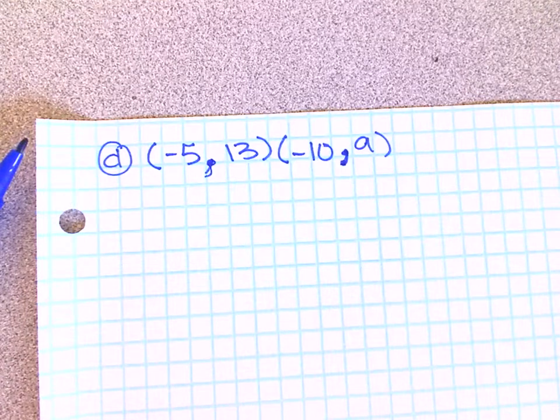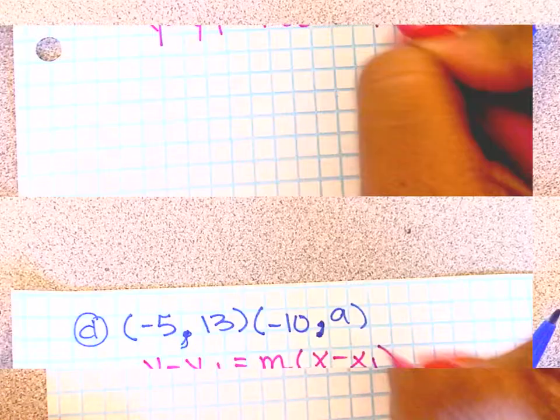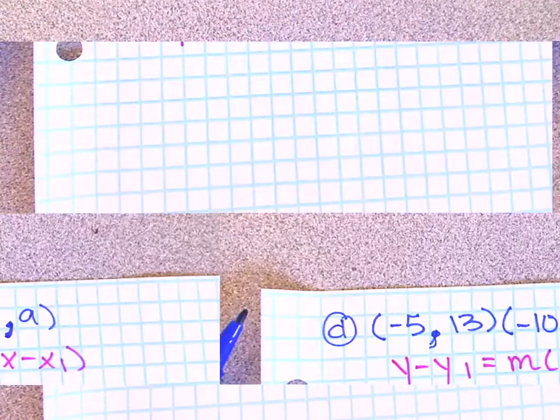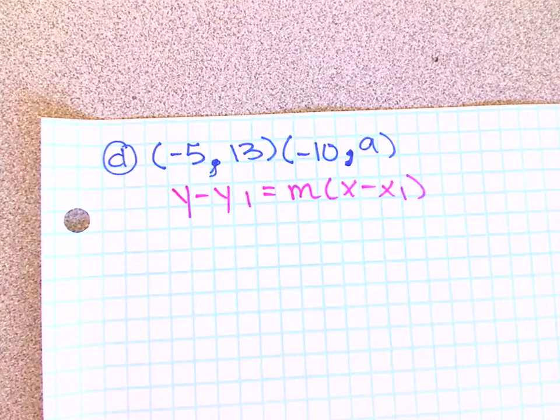Whenever you have two coordinates, you put it in point slope form first to get it into slope-intercept form. Y minus y1 equals m times x minus x1. So I write down the point slope form first, then I plug the numbers in so I can convert it to slope-intercept form.